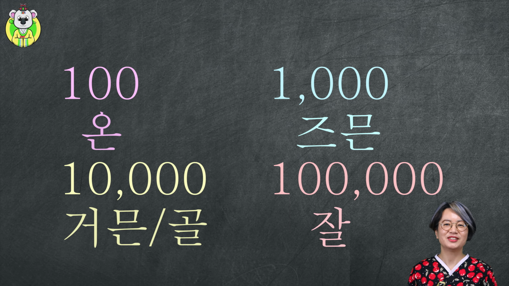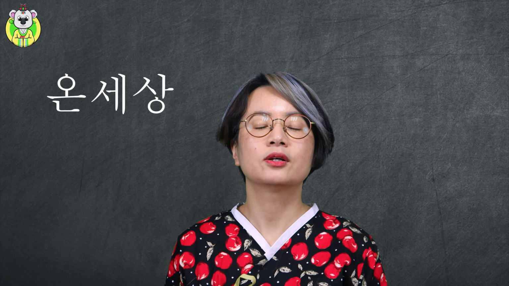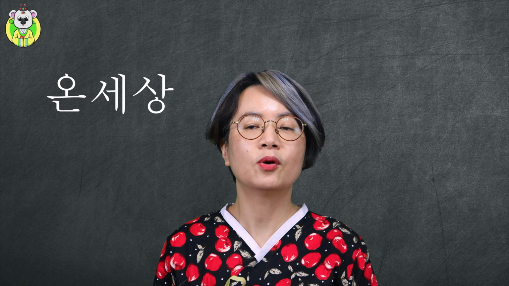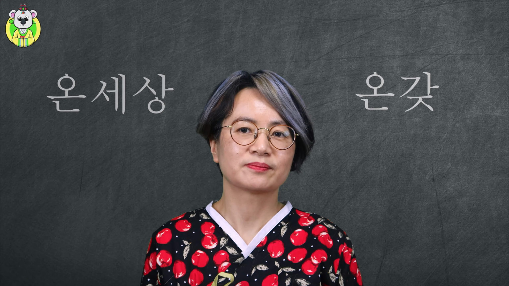But no one really uses these words anymore. Only 온, which means 100, is still used, but only metaphorically, as in 온 세상, meaning the whole world, or 온갖, which means all sorts.